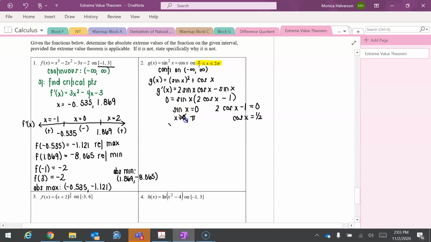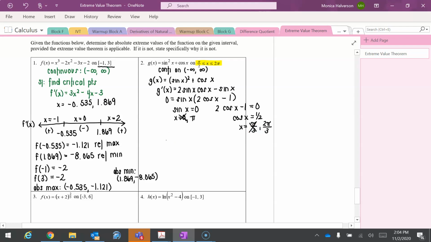But 0 is not included because it's not in our interval that's given to us. We know that cosine x equals 1/2 at x equals pi over 3 and 2 pi over 3. But pi over 3 is not in the interval. So those are our two values.